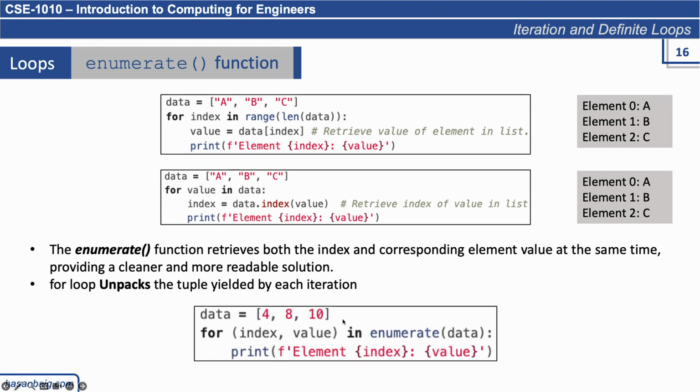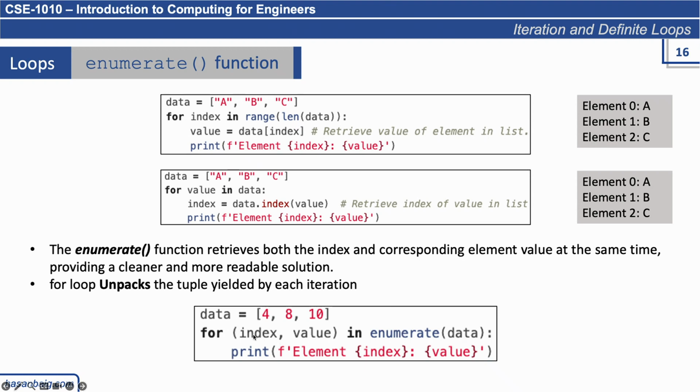So for example, again we have this data. What I'm doing is, instead of iterating through the list directly, I'm iterating through the enumerate function, passing this data into the enumerate function. Okay, so what will happen when the for loop executes the first time? It returns the first value and its index in this order.